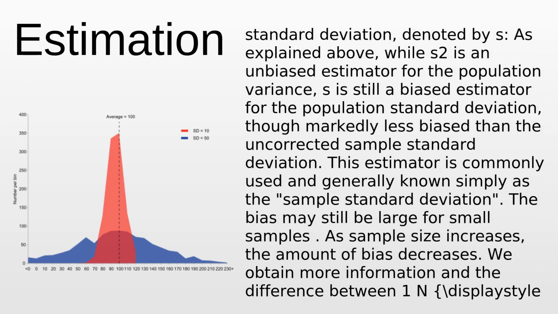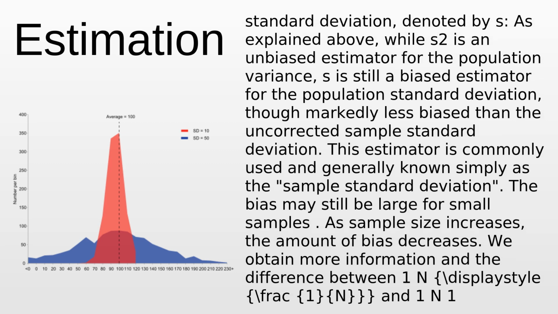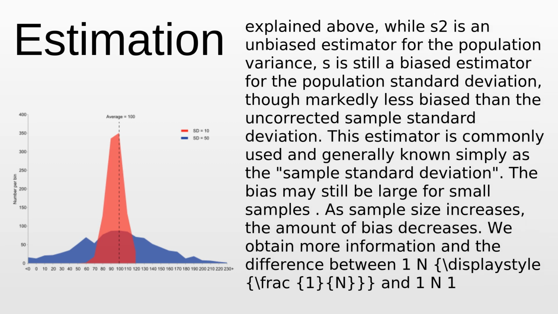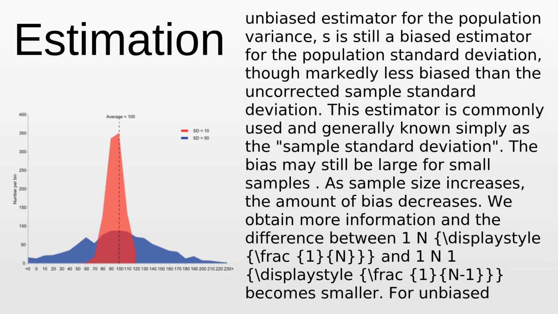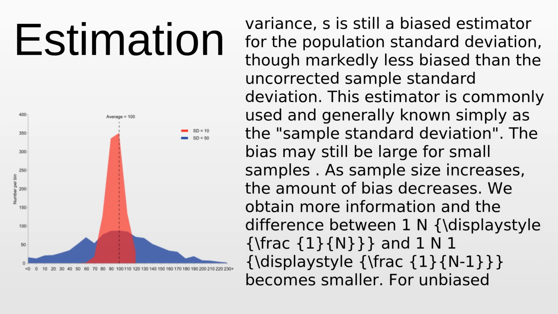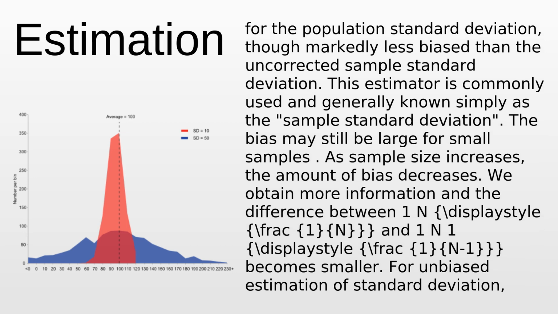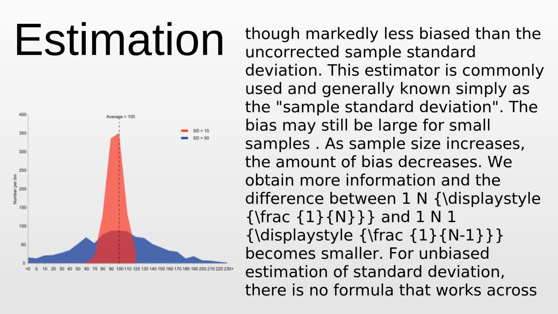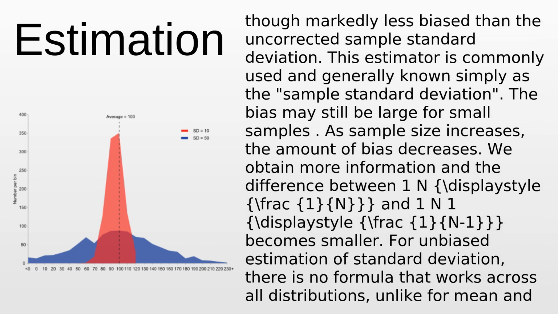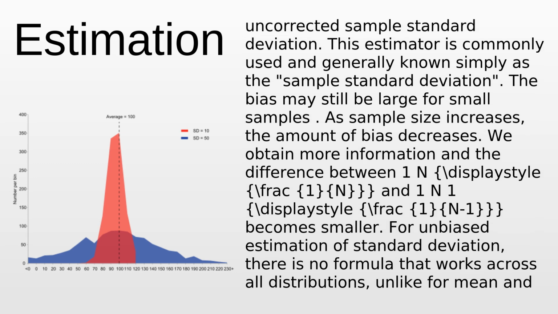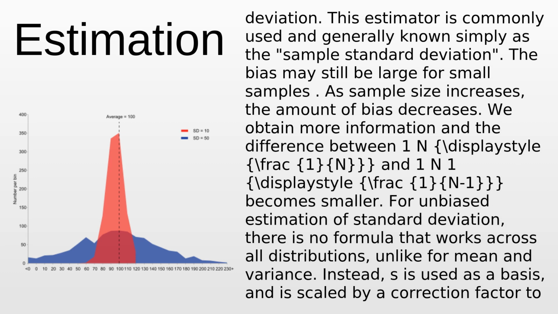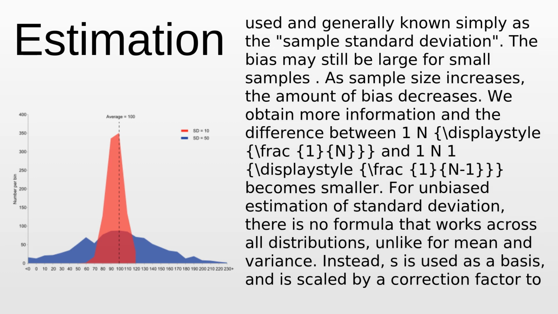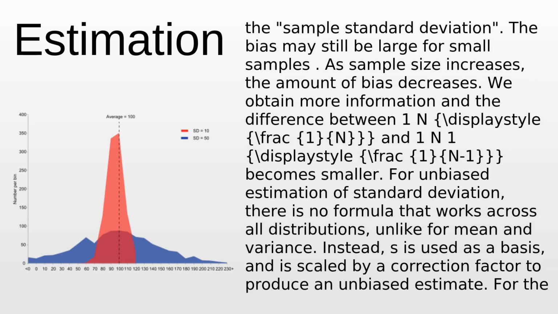This estimator is commonly used and generally known simply as the sample standard deviation. The bias may still be large for small samples. As sample size increases, the amount of bias decreases. We obtain more information and the difference between 1/n and 1/(n-1) becomes smaller.